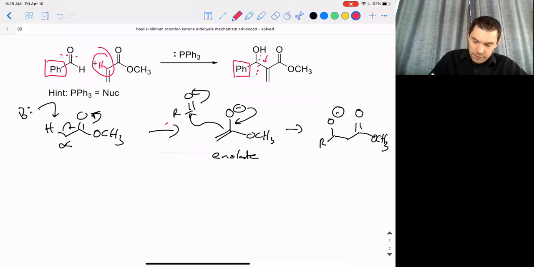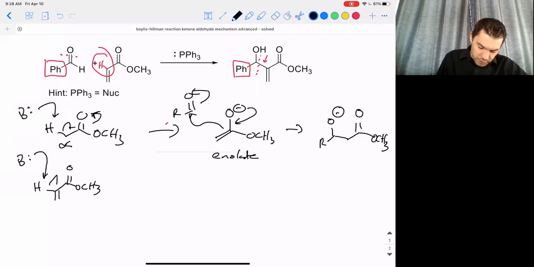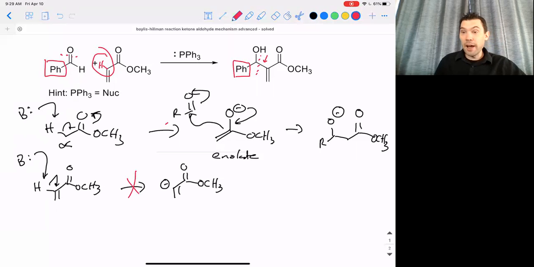So I'm just going to draw it out so we all know what I'm talking about. And if we have a base to do this deprotonation, we would make this vinyl anion. And it turns out this position has a very high pKa, and we're not going to do that step.